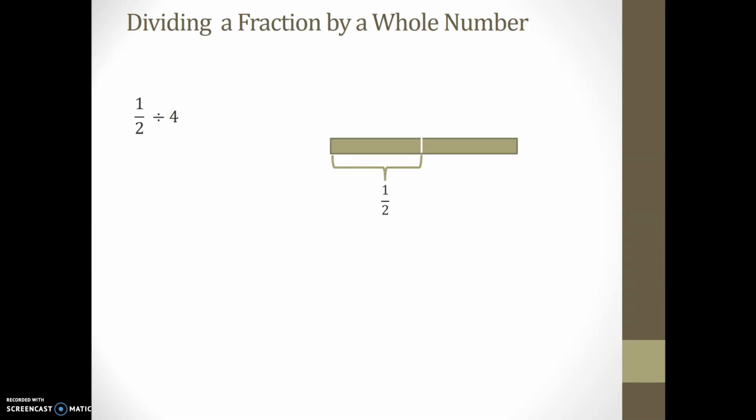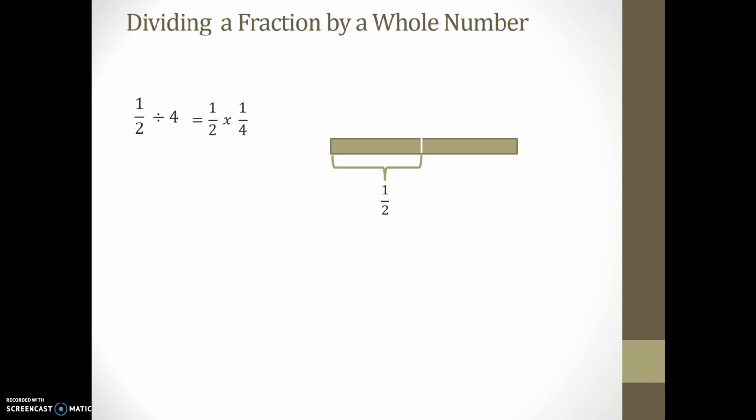Now your task is to divide 1/2 by 4. Okay, so now we're dividing a fraction by a whole number. So this is a little confusing, isn't it? It's the same process though. So we're going to do exactly the same thing. We're going to still copy dot flip. So on my model here, make sure you copy my model. I've got 1/2 marked off. Okay? So I'm going to show you on the model why this works in just a second.